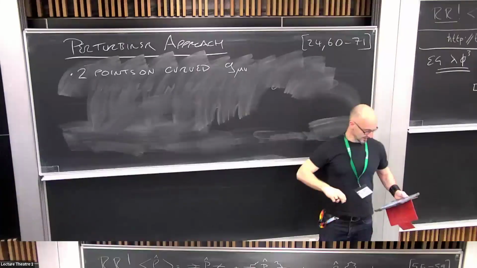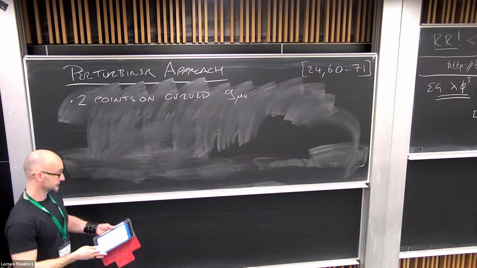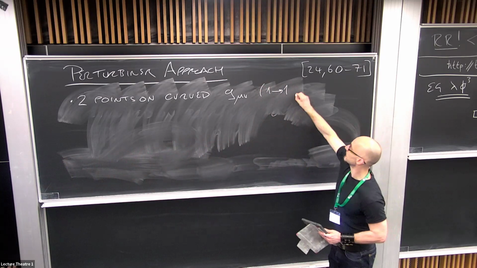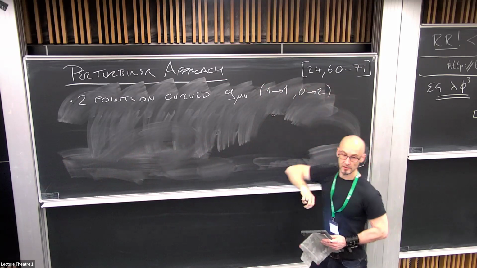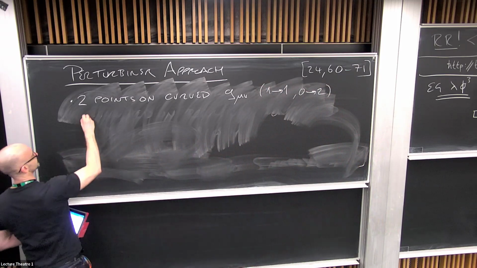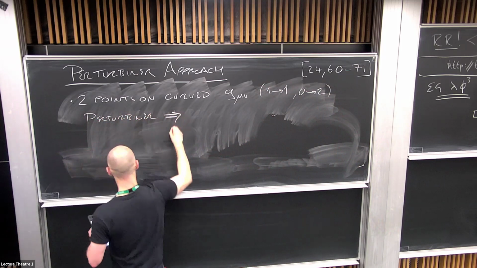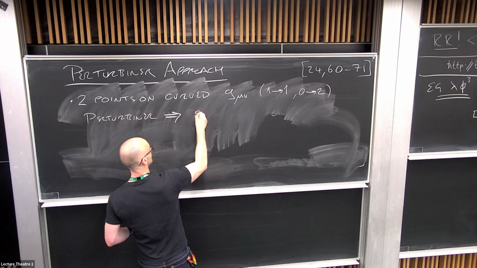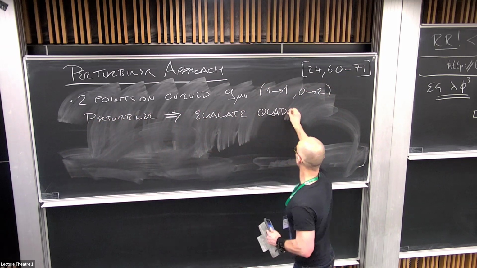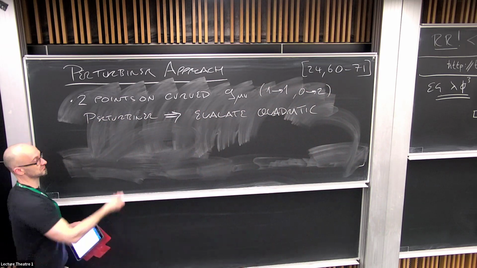If you want to calculate, as we did yesterday, 2-point amplitudes on some curved background, that is 1-to-1 amplitudes, or maybe you want to do 0-to-2 pair production on the background, then the perturbative method says do the following. Evaluate the quadratic part of the action on a solution of the equations of motion.